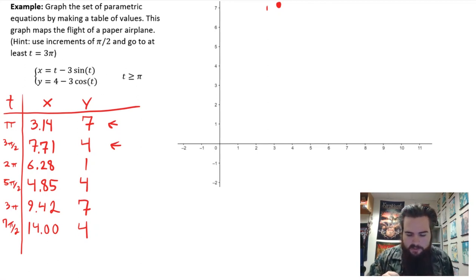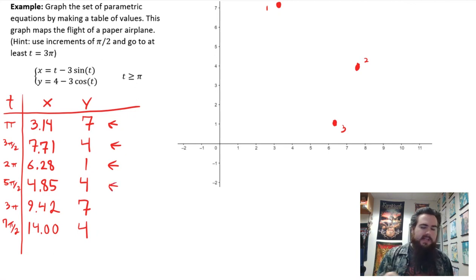So 7.71 is closer to 8, and it goes up to 4, just about here. That's my second point. My third point is 6.28 and 1. So that means we've actually traveled back to the left and only go up a distance of 1. So that's our third point here.